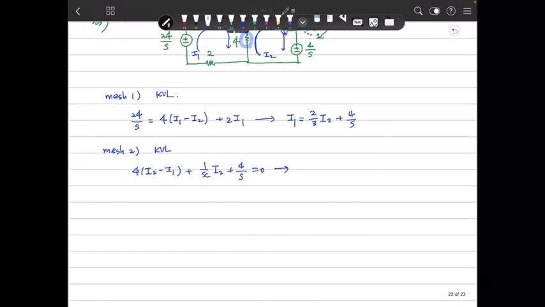So from here we get the simple equation: 1 over SC plus 4 times I2 equals minus 4 over S plus 4 I1. We say this is equation 1 and equation 2.